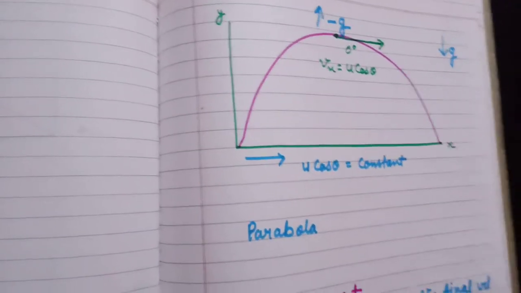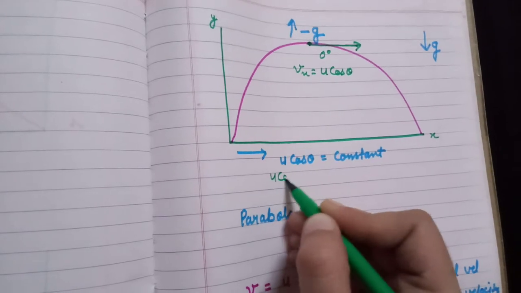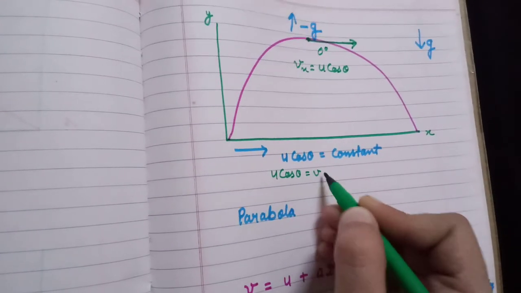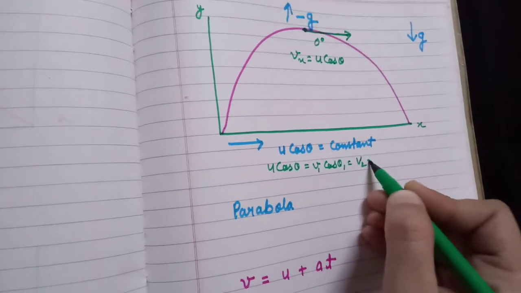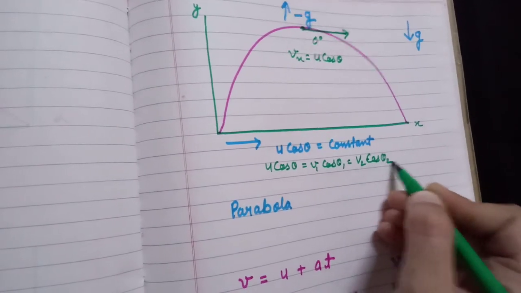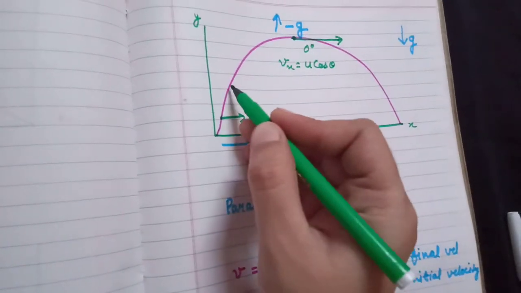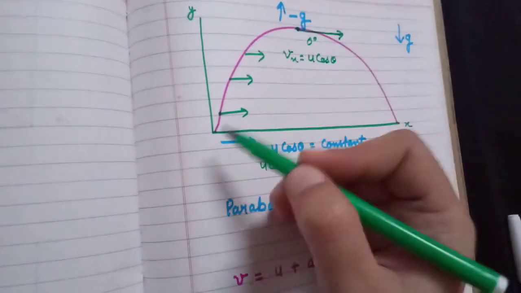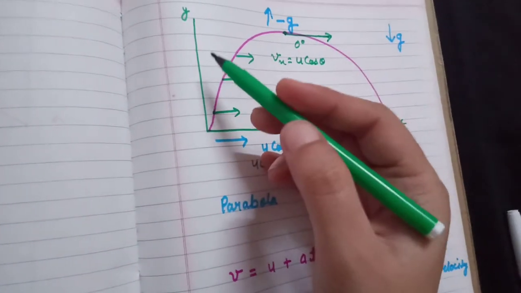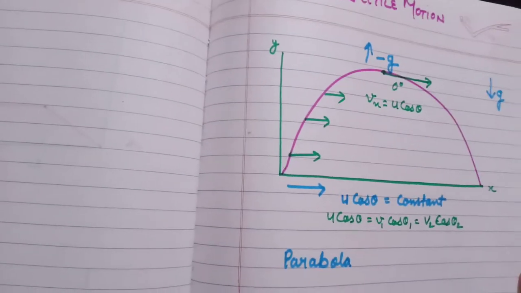So here u cos theta is equal to v1 cos theta 1 is equal to v2 cos theta 2, meaning the horizontal component is the same at every condition and the vertical component will vary.